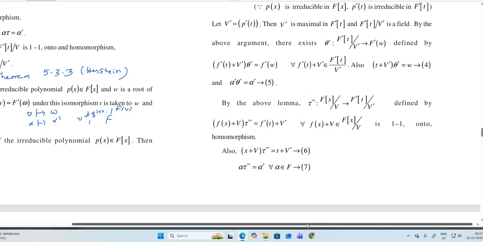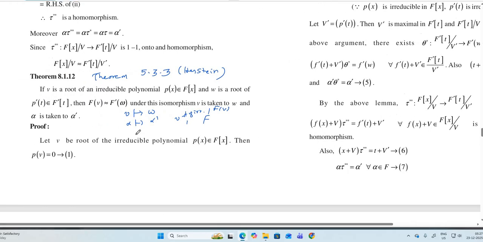So what we need in this statement is that f of v is isomorphic to f prime of w. What we have so far is psi, theta star, and tau double star. What are they?